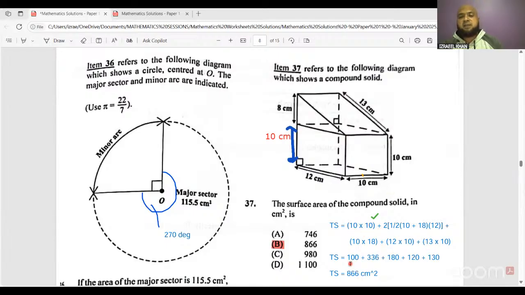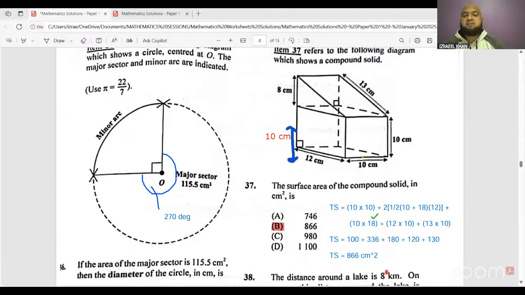So 10 by 10 is 100. 10 plus 18 is 28, half is 14. 14 by 12, and then 14 by 12 by 2, you get 336. 10 by 18, 180. 12 by 10, 120. 13 by 10, 130. You add everything, you get 866.